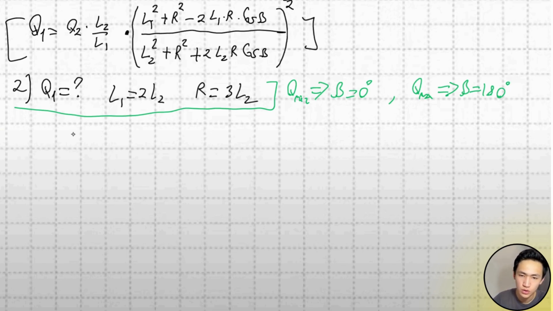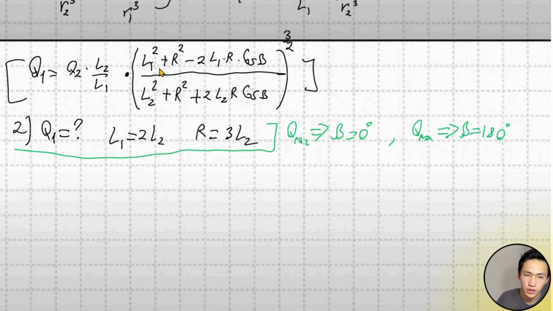So Q1 minimum we can find according to this. Q1 equals, it's a long calculation, so let me calculate fast.